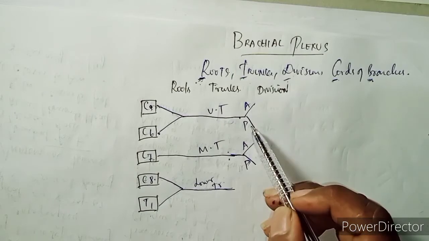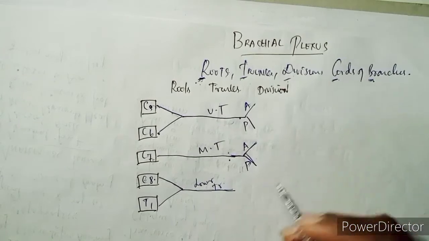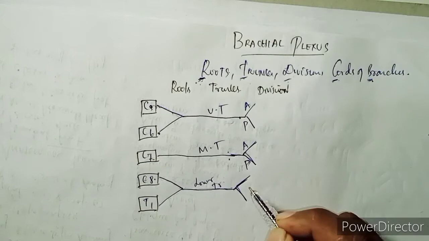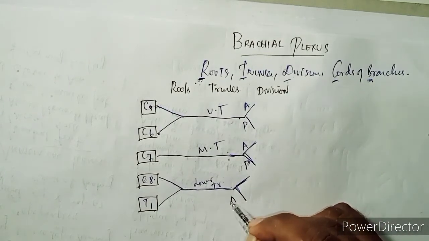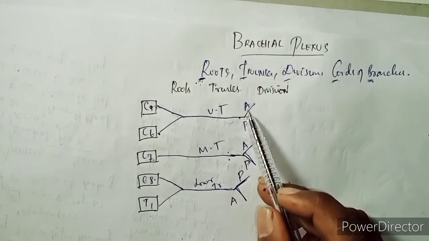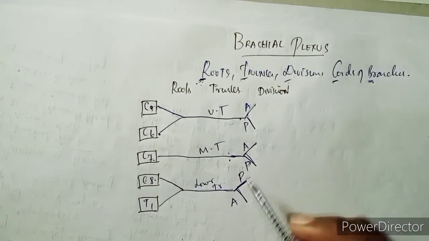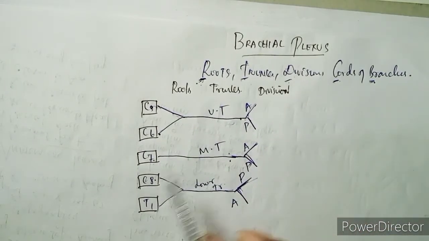Then this lower trunk is also going to give two divisions, anterior and posterior. Got it? The upper trunk gives anterior and posterior, also known as ventral and dorsal, and the middle trunk and the lower trunk do the same. We have got roots, trunks, and divisions.